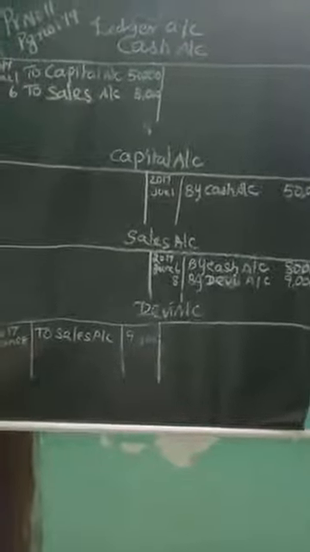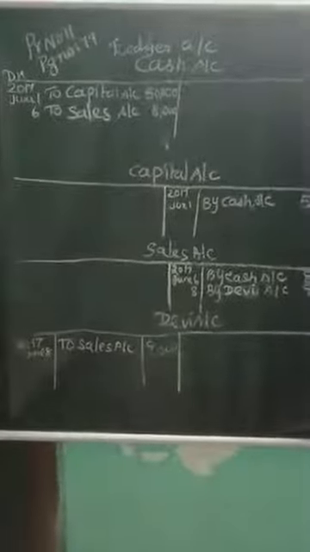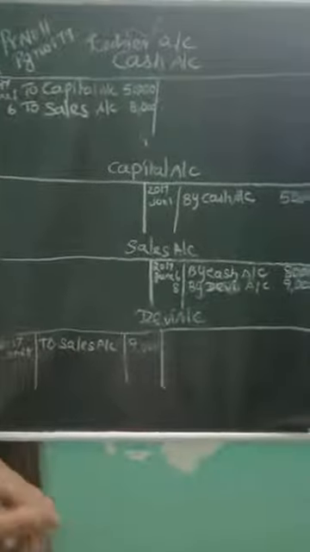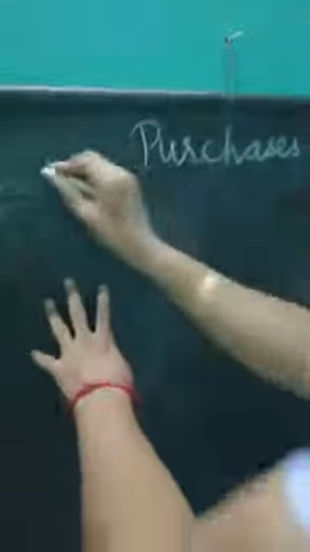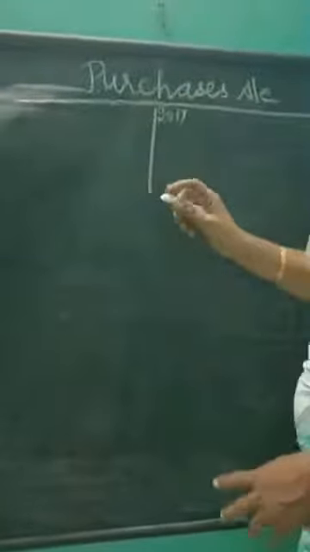June 15, goods purchased for cash rupees 4,000. Purchases account debit to cash account. Which account do I have to open? I have to open the purchases account.